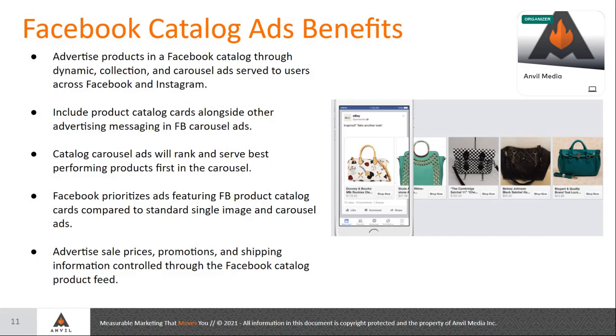Facebook actually prioritizes ads featuring product catalog cards, mainly so they can get more data, because they have all of that catalog information stored as well. Facebook wants to learn about shopping habits, obviously. So the more data they can get from a user or an advertiser through this experience, they're going to prioritize that ad type versus doing it manually, where they have somewhat limited shopping information data.